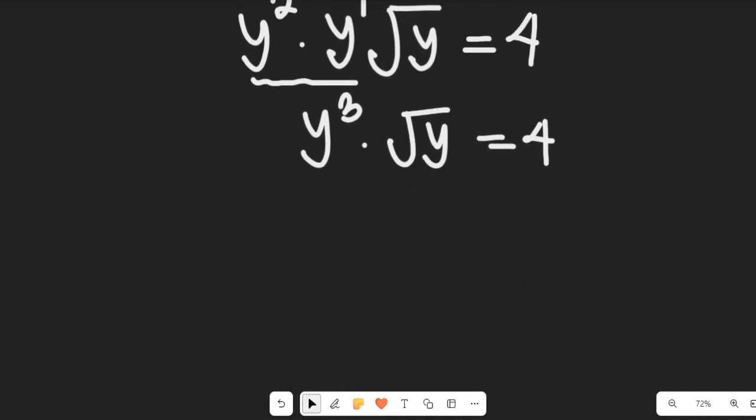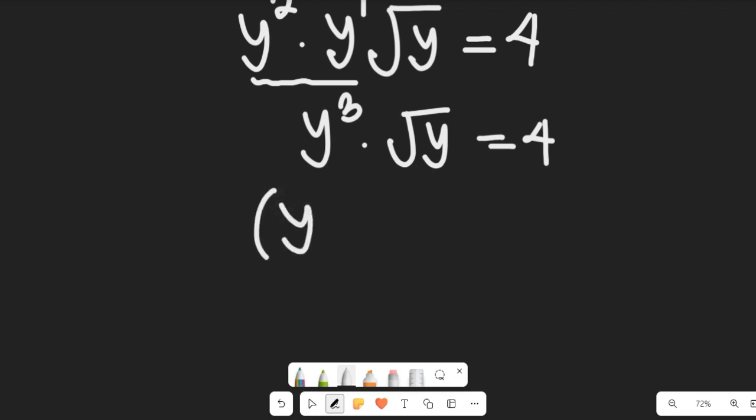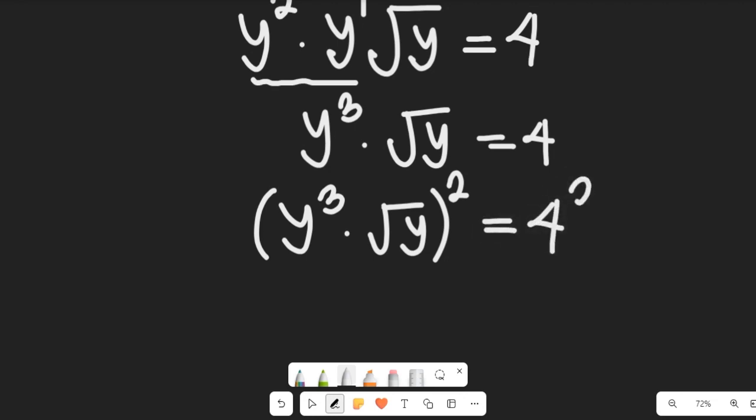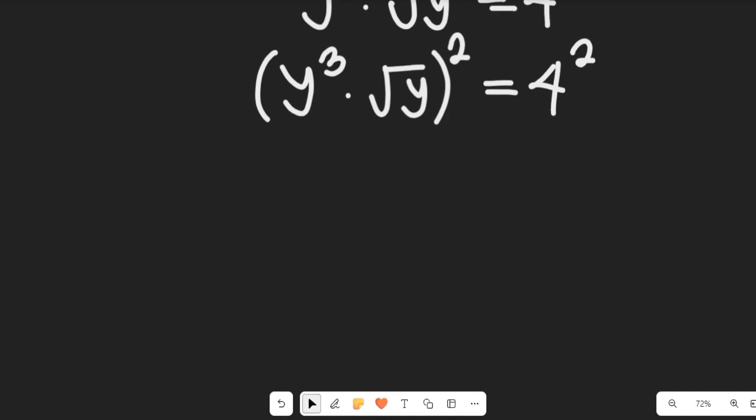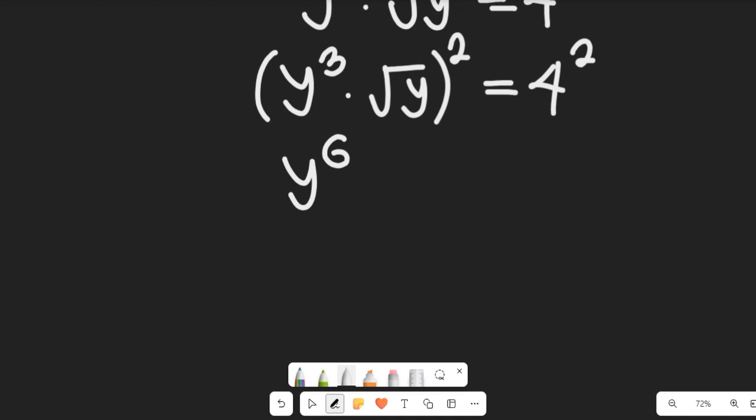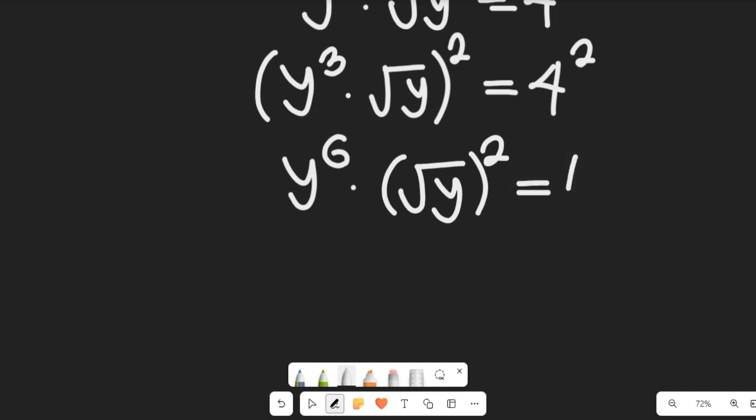In the next step, we are still going to take the square of both sides, and the reason is to clear the final square root. If we take the square of both sides, this will be equal to 4 squared. So this will become y to the power of 6, because 3 will multiply 2, multiplied by the square root of y squared, and this will be equal to 16.